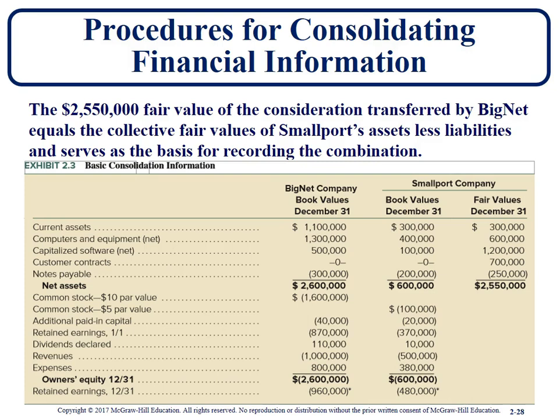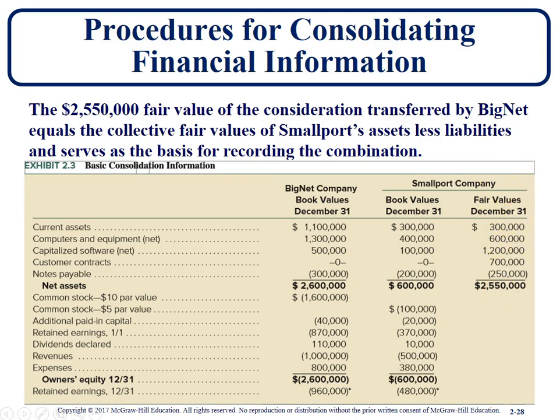The first column is the book value of Smallport as of December 31st, and then there's the fair value of the net assets that were purchased. Remember we said we paid $2,550,000? That's exactly what the fair value of the net assets is, $2,550,000.